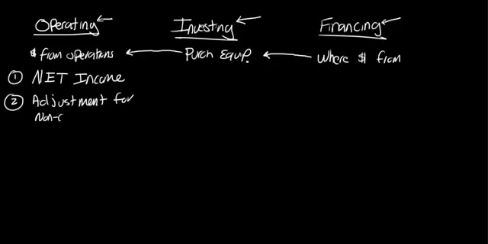In our case, our primary non-cash expense we're going to be looking at is depreciation. There are all sorts of other non-cash expenses that can come in here, but the big one is always depreciation expense, because it is a non-cash expense.